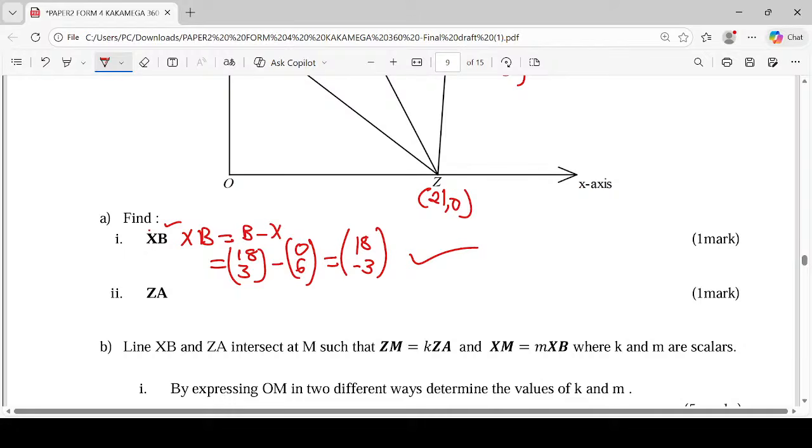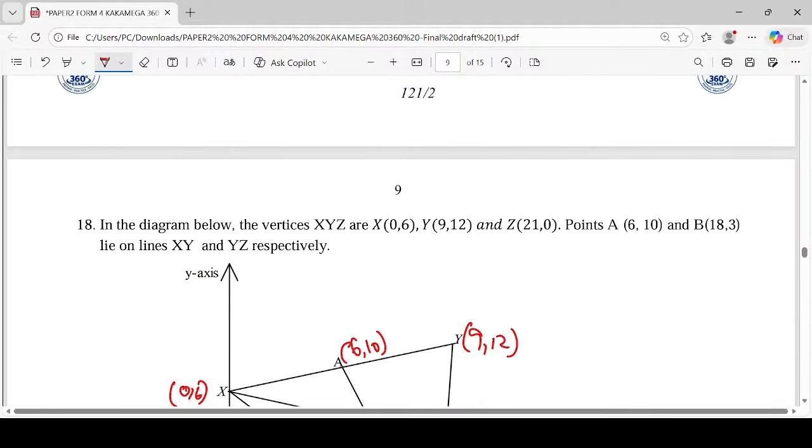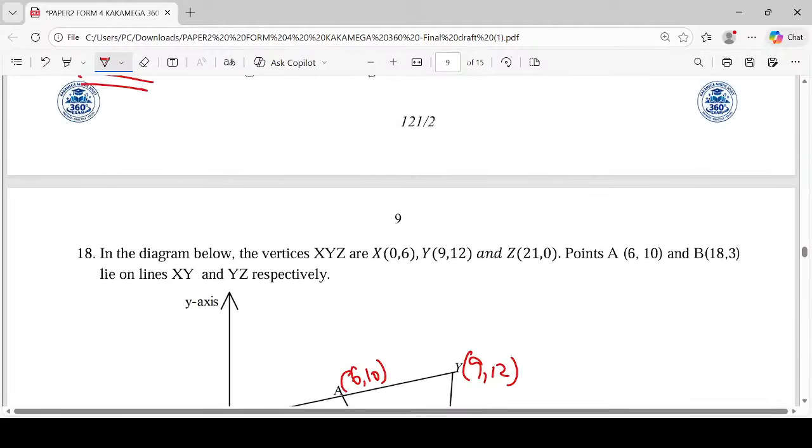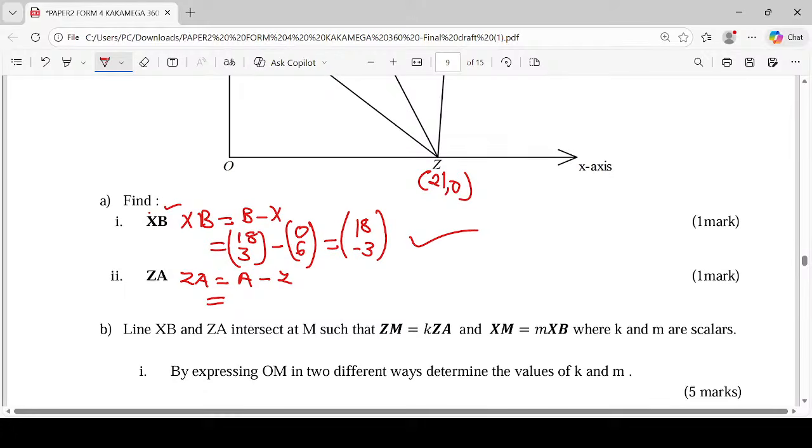Let's look at ZA. For ZA, you take the one on the right, which is A, minus the one on the left, which is Z. When you substitute, let's take the values for A. Our A is 6, 10, so we are going to have this as 6, 10, minus our Z, which is 21, 0.